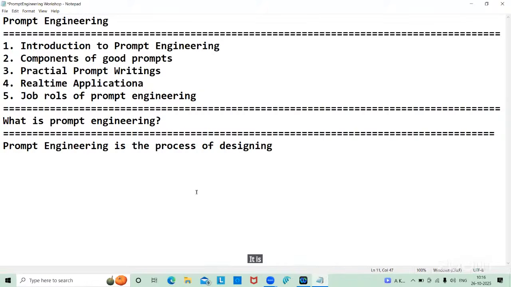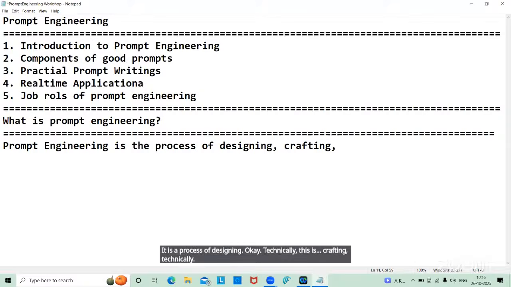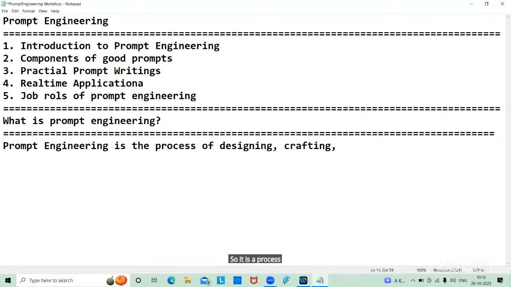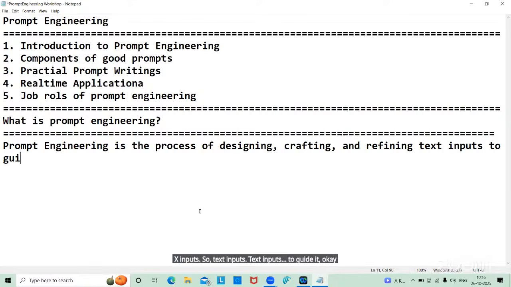It is a process of designing, crafting, and refining text inputs to guide generative AI.